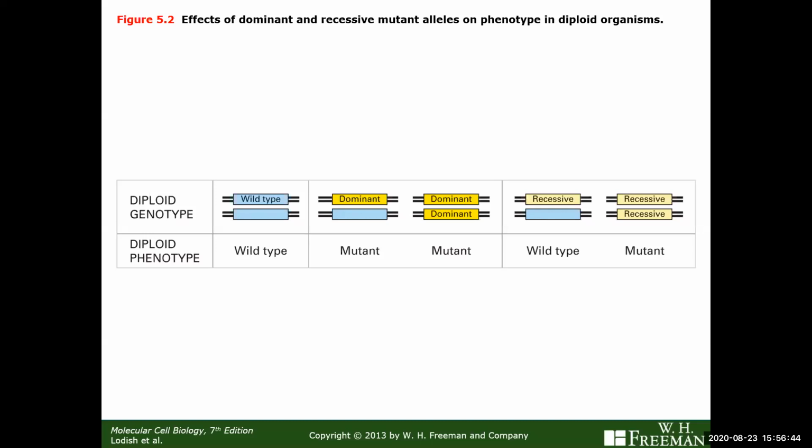Now, if you think from a diploid organism's point of view, if both the copies in the genome are wild type, then the phenotype will be wild type. If one copy is mutant, and that copy happens to be the dominant allele, then the phenotype will be mutant.